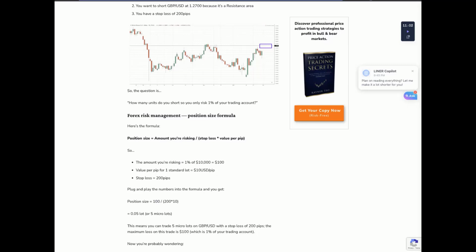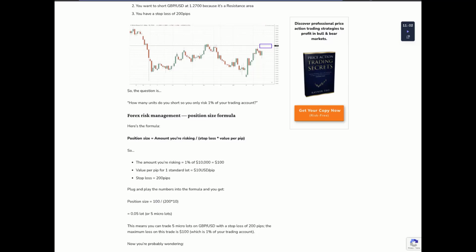So if your value per pip now is $10, now you say 200 pips times $10. That's 2,000. So $30 divided by 2,000.